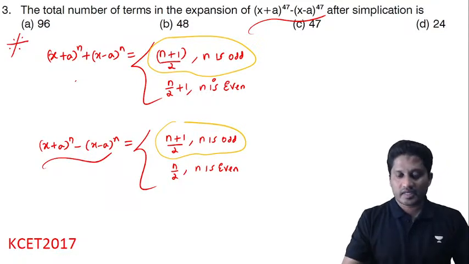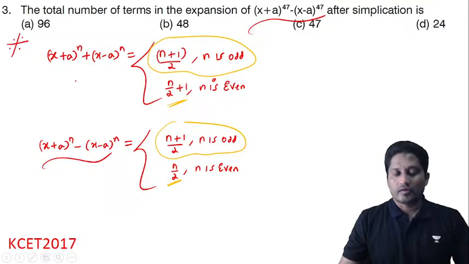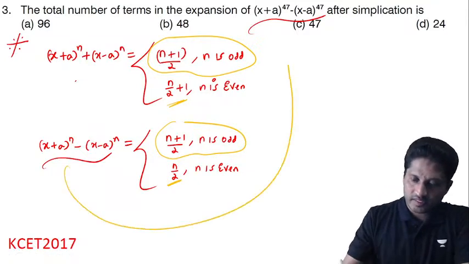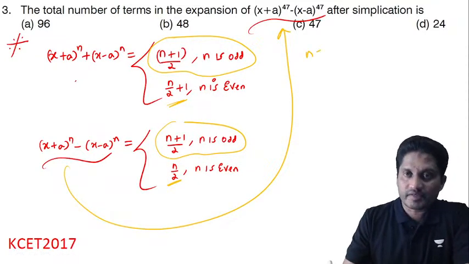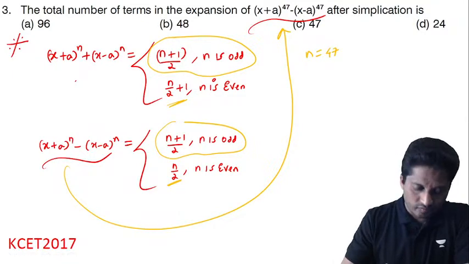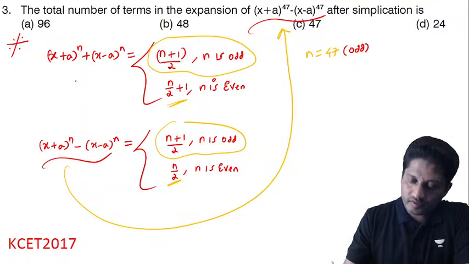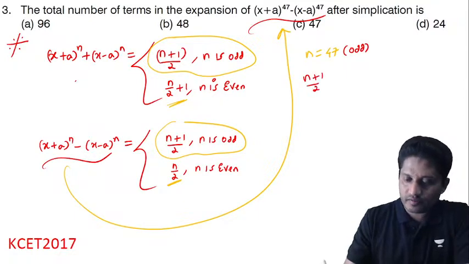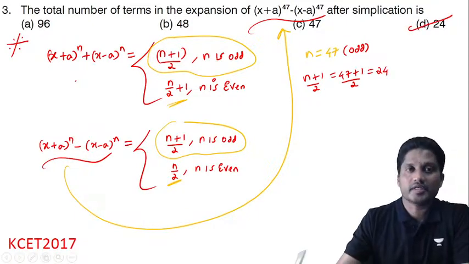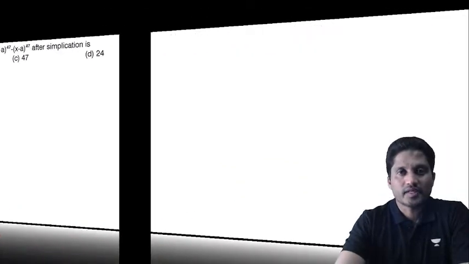If it is even, here it is n by 2 plus 1, and here it is only n by 2. Now n is equal to 47, so obviously odd. The number of terms will be (n plus 1) by 2, that is (47 plus 1) divided by 2, which is equal to 24. The answer is option D. Let's move to the next question.